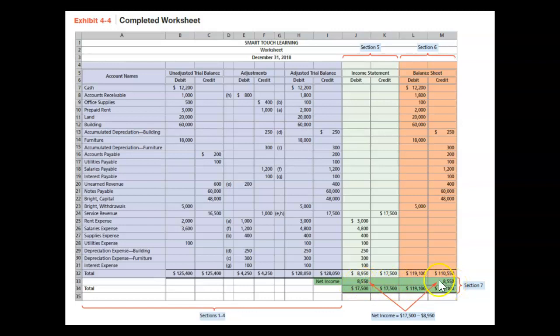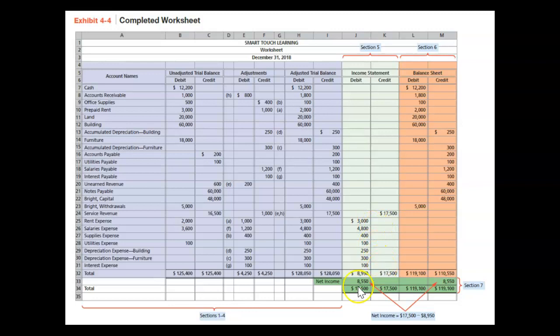They have to match. If these numbers do not match, you've done something wrong. And you should probably start to make sure first that you did your adjustments correctly. And secondly, did we transfer or did we sort the accounts out into the proper statements?